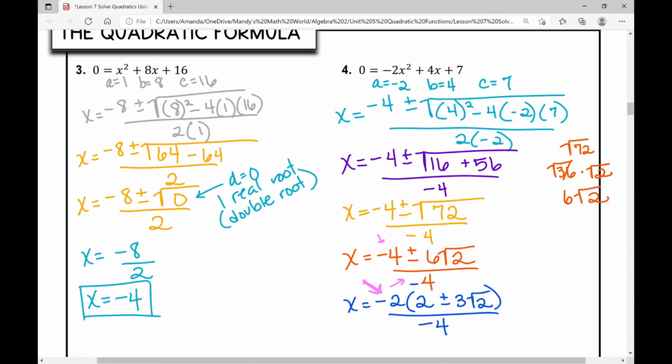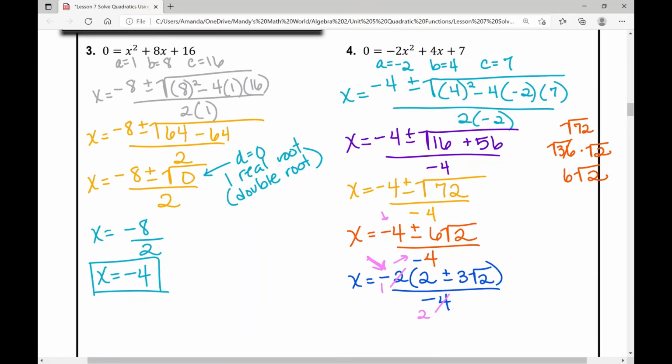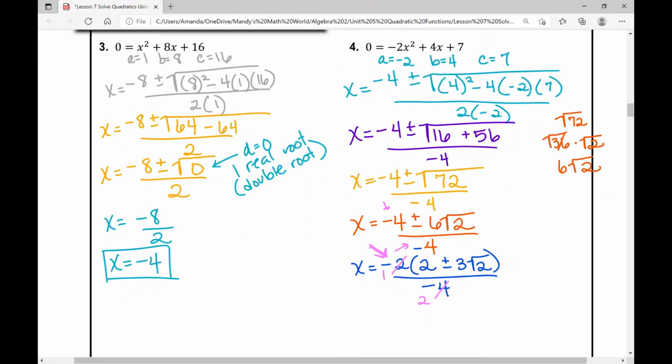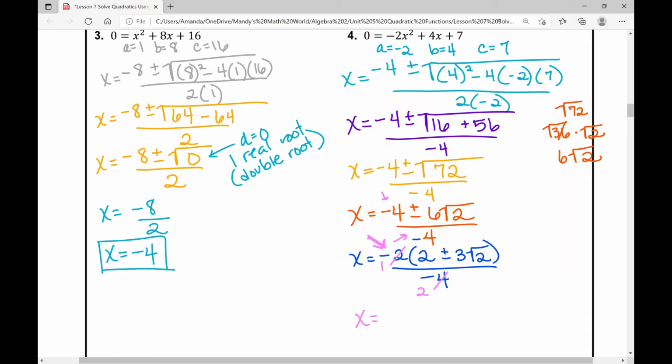So now I can because I do. Negative 2 and negative 4 simplify to 1 over 2. And I can rewrite this as x equals 1 times all of that, which is just 2 plus or minus 3 square roots of 2, over 2. And that's my answer.